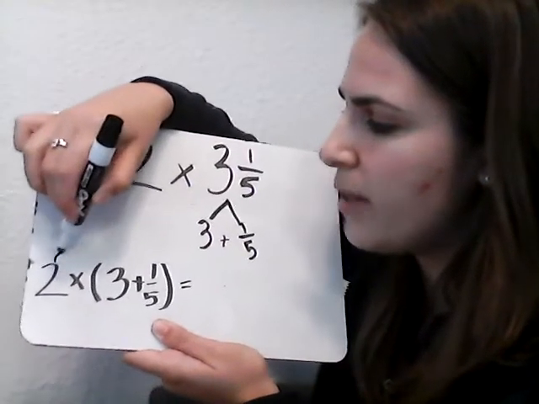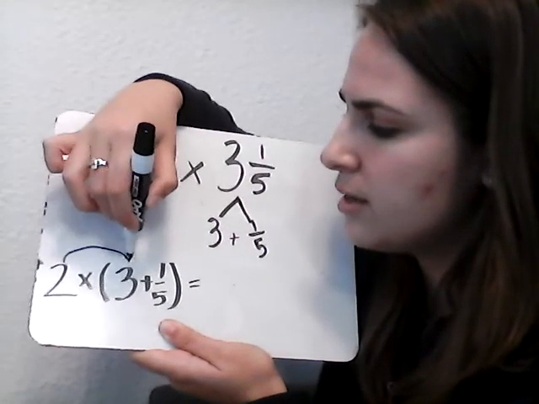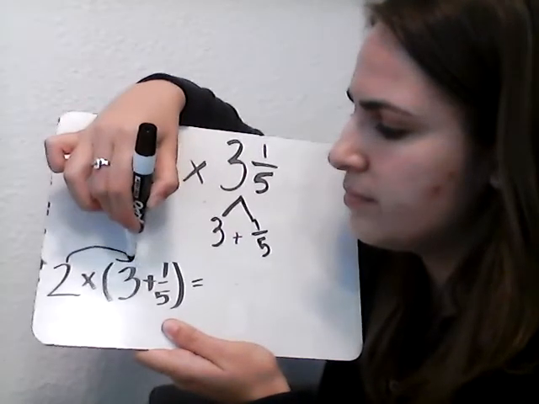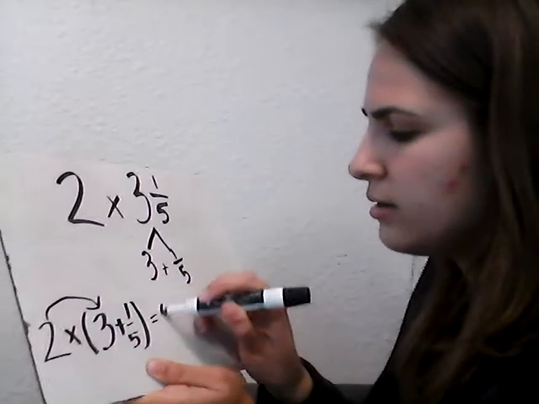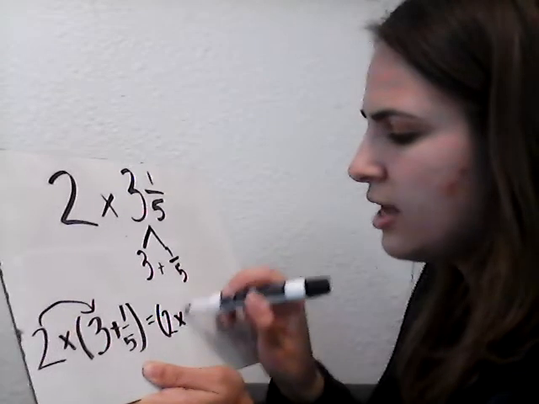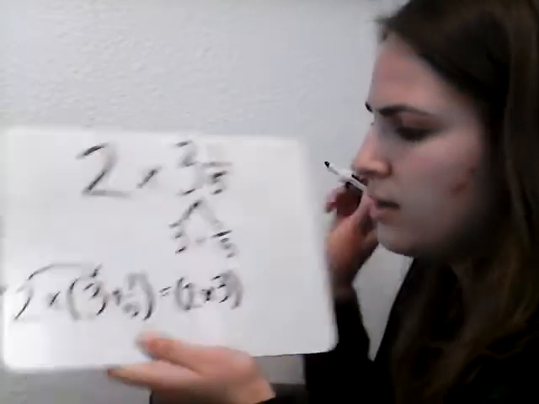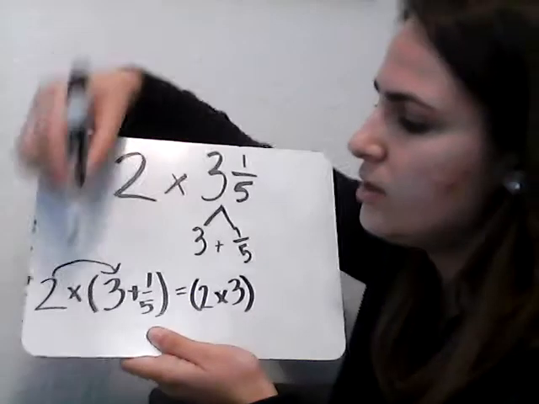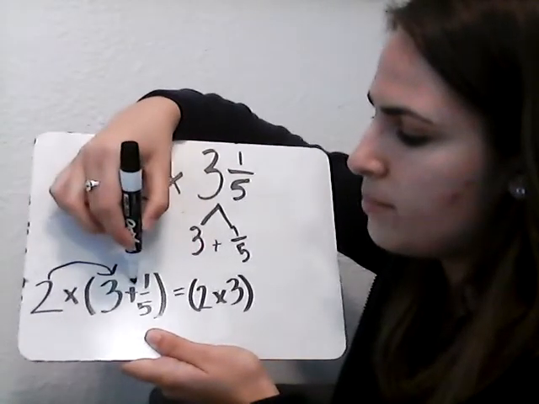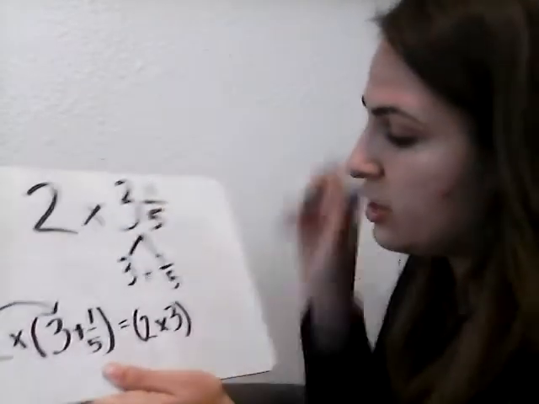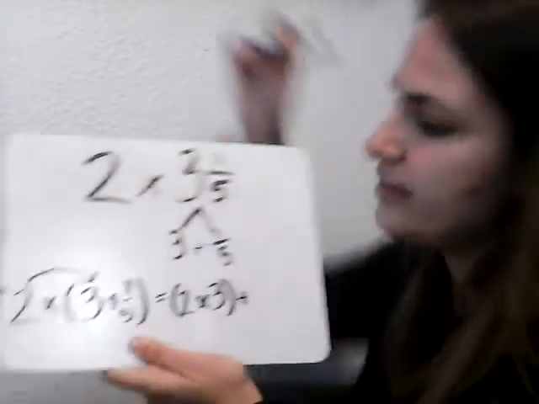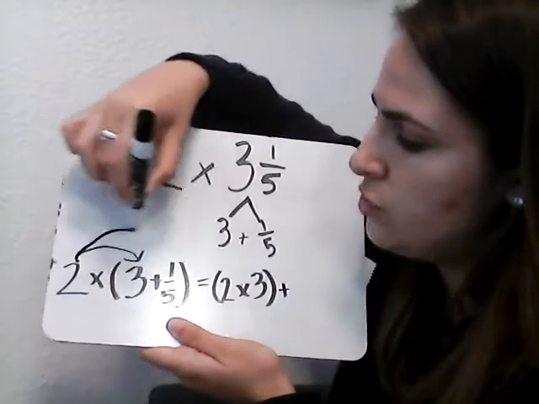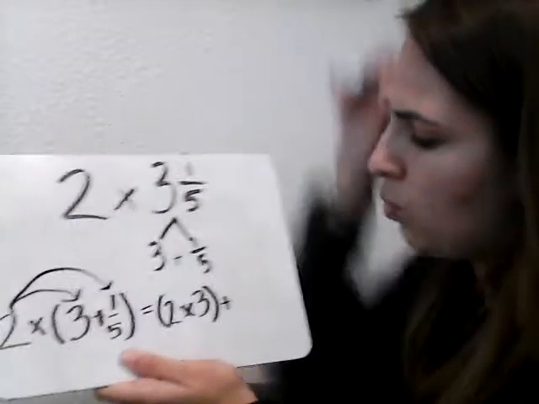So first we're going to multiply 2 times 3. Let's make sure we're keeping it grouped in our parentheses. 2 times 3, we have that addition symbol, plus 2 times 1/5.